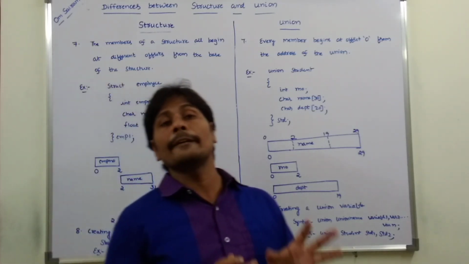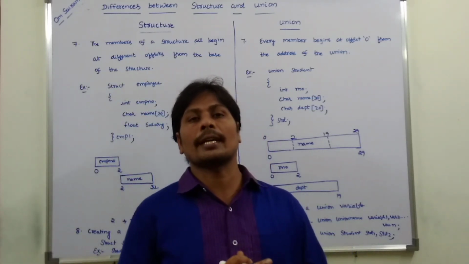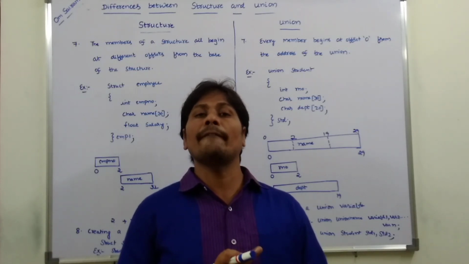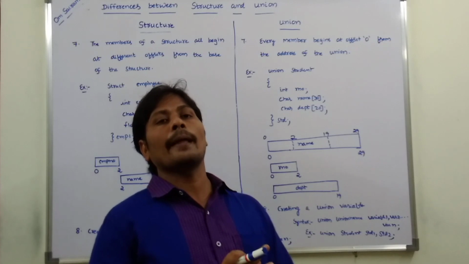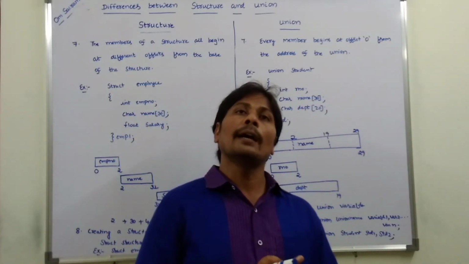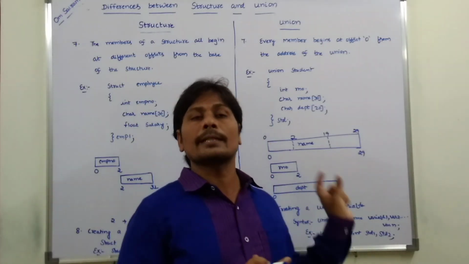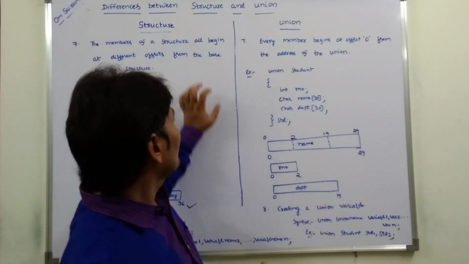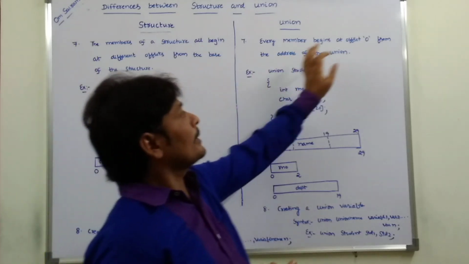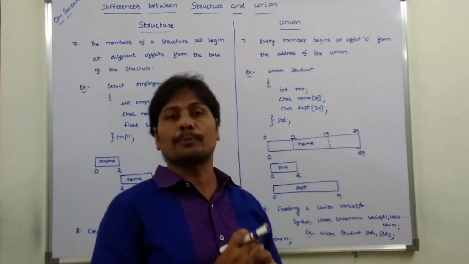So these are the differences between structure and union. So this is a very important question. This question is asked in the main examination for 8 marks. Suppose this question can be asked for 16 marks. So for this structure, you can write one program, and for this union, you can write one program.